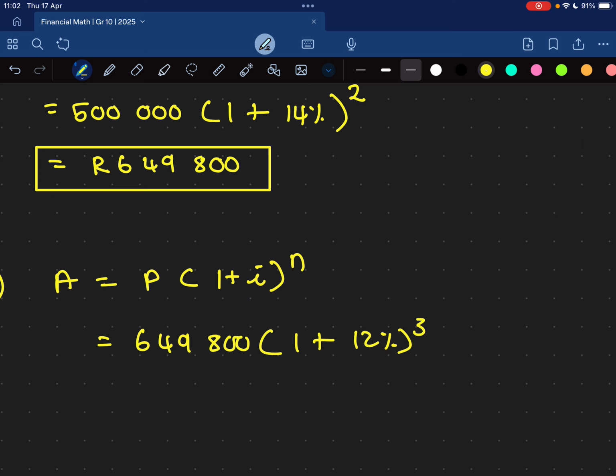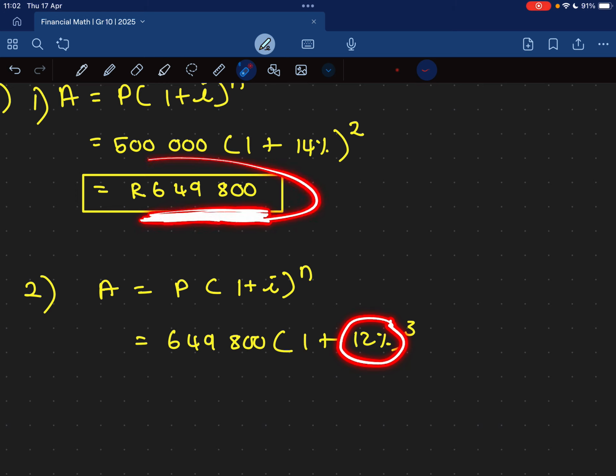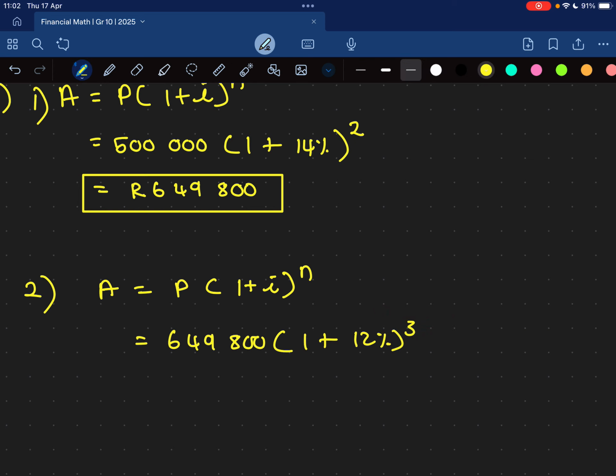So we break it up. We don't make the time period 5 years, and we don't use the original P value. Remember, that is not how this works. The interest rate changes to 12% when there is this much money in the account. So this much money grows at this interest rate for an additional 3 years. That's what the question is saying.